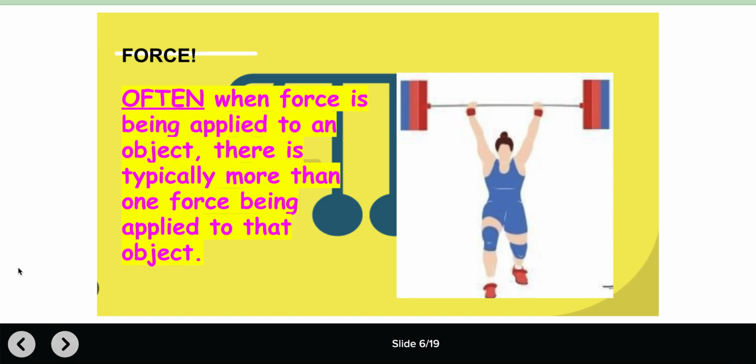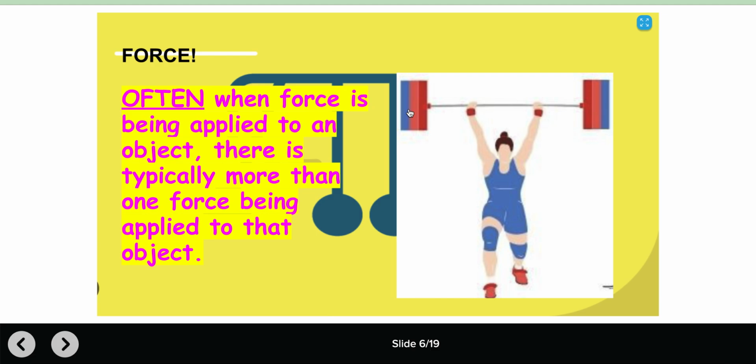Often when force is being applied to an object, there is typically more than one force being applied to that object. For example, in this picture right here, you have this super strong woman lifting this very heavy barbell over her head, which looks like, if I were to guess, with all these plates, it's definitely over 200 pounds, probably closer to 300.